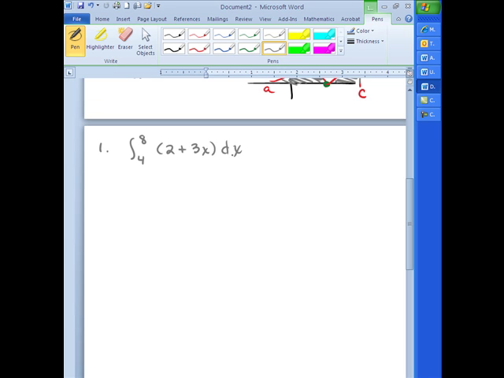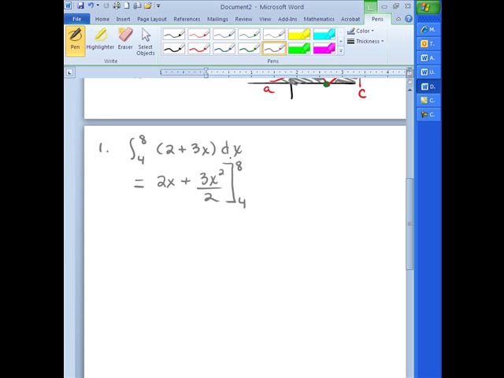So the first thing we're going to do is integrate just like we did before. Now remember, when you integrate, you increase the powers. So the integral of 2 plus 3x equals 2x plus 3x squared over 2. And we have to evaluate that from 4 to 8.